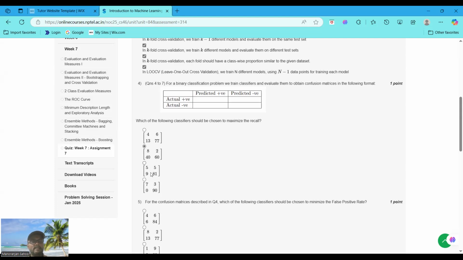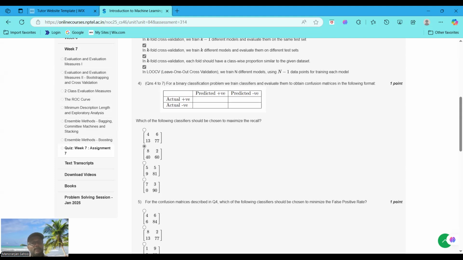For the third matrix, true positive is 5, false negative is 5. 5 by 5 plus 5 is 5 by 10, equal to 0.5. In the fourth matrix, true positive is 7, false negative is 3. 7 by 7 plus 3 equals 0.7.